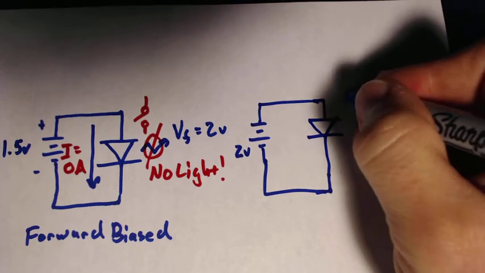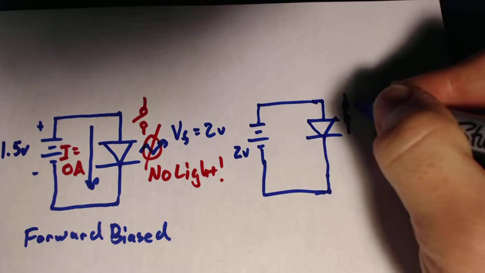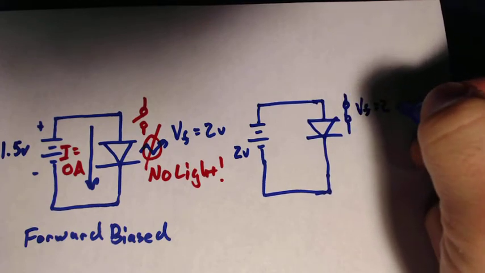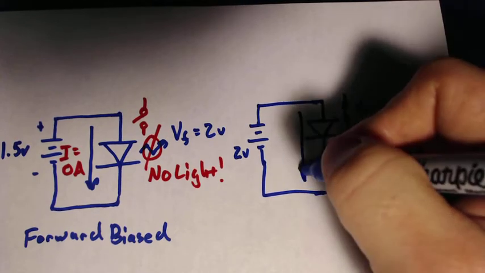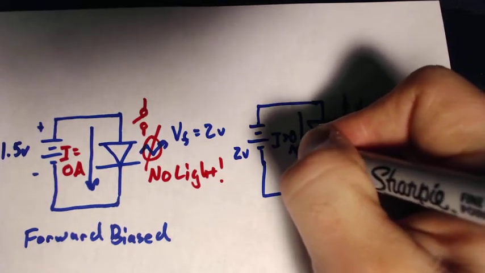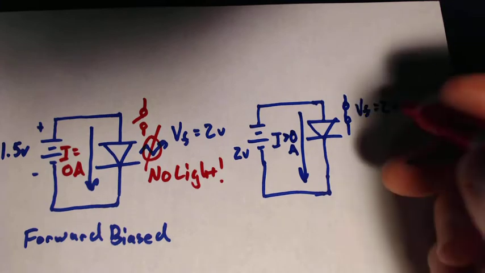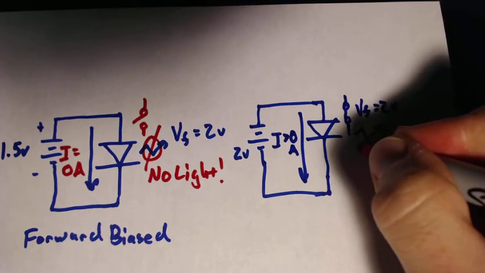And now it would behave like a closed switch. It is conducting. And so we do get light coming off of this.